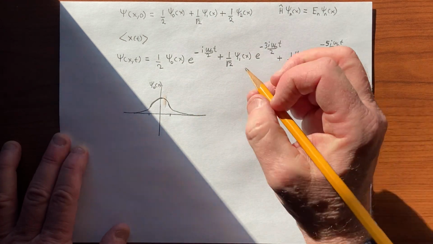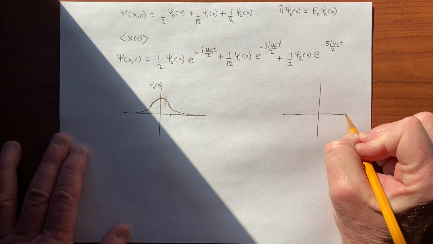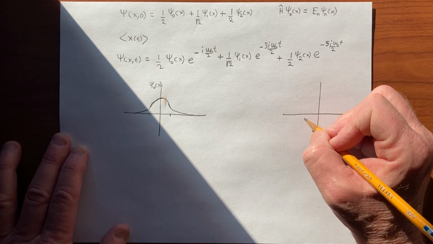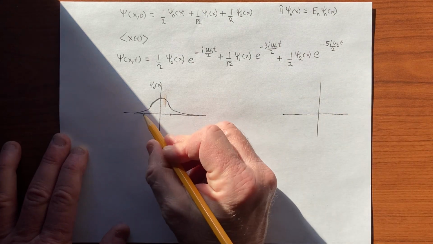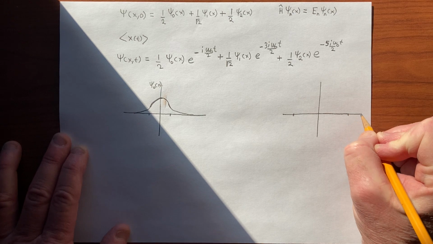So that's an even function, and psi 2 of x is also an even function. So of course the turning points are different, they're further out, so something like that.